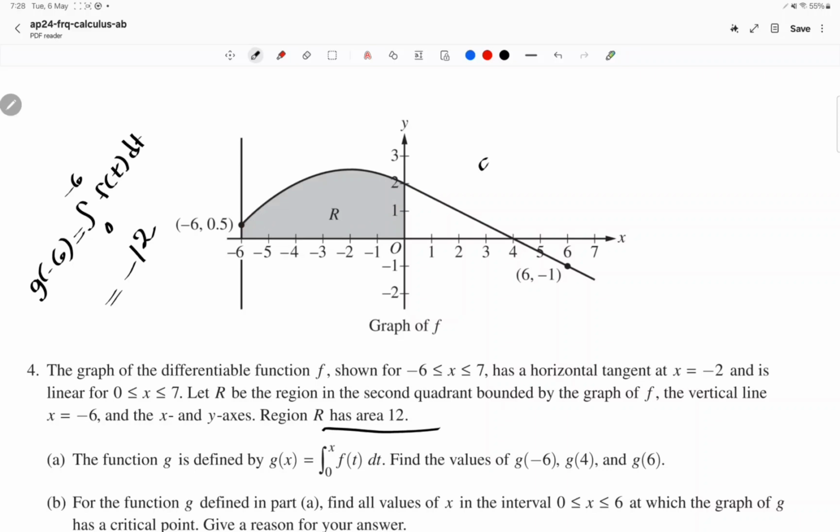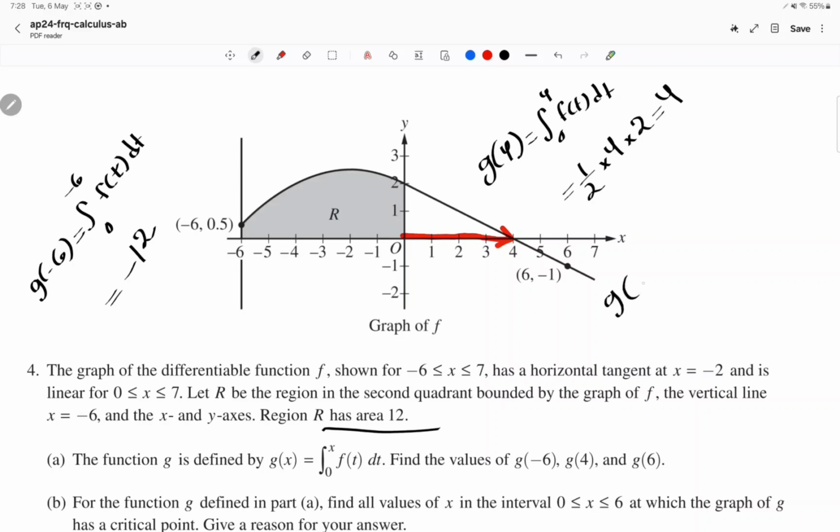Now, for the g of 4, that means you have to do from 0 to 4 of f(t) dt. That means you have to go to the right, so no need for the minus sign. That's essentially a triangle, so we're going to do half by base by height, which is 4.